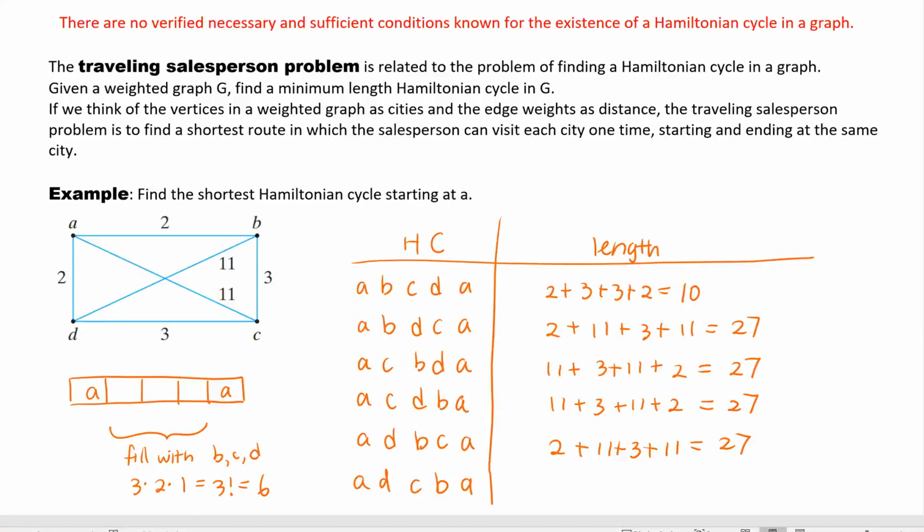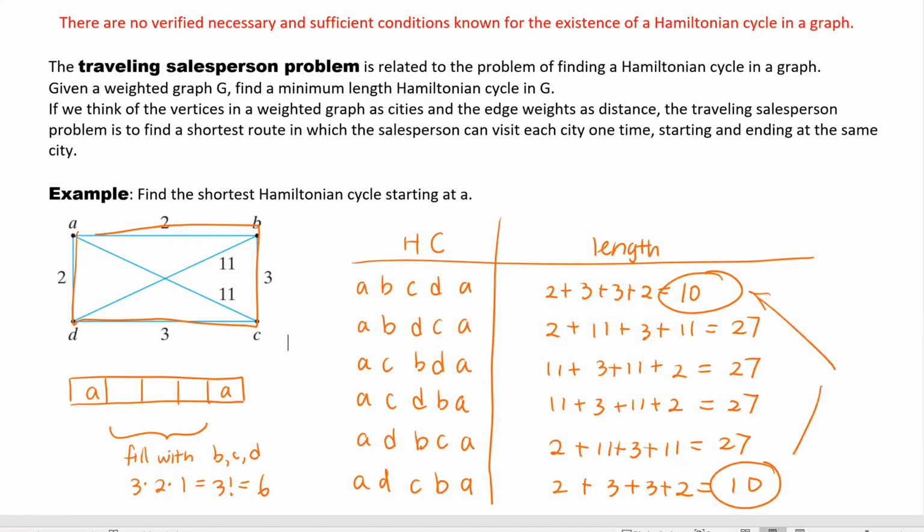Next, A, D, C, B, A. That is 2, 3, 3, 2. That's 10. Do you see these 2? They are the smallest. So this is the shortest length.